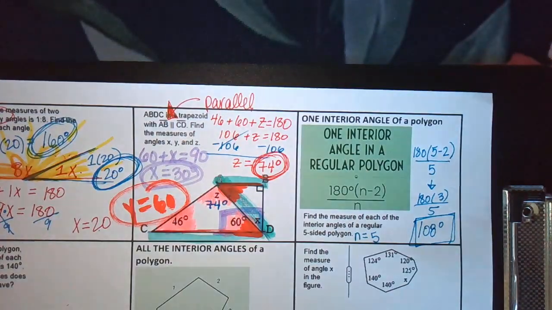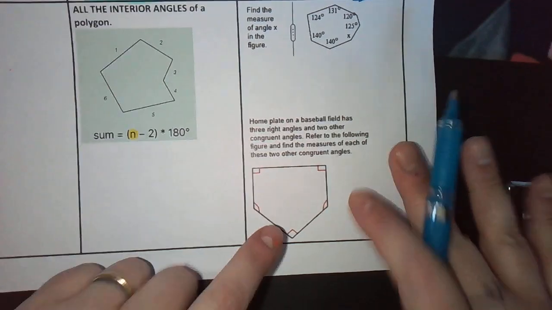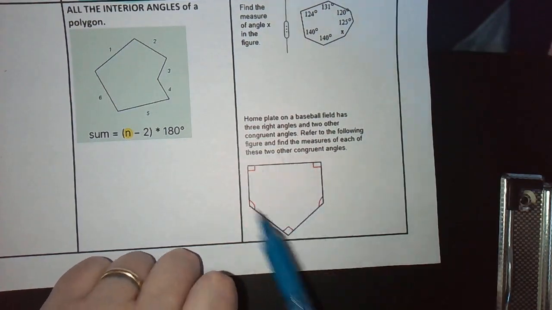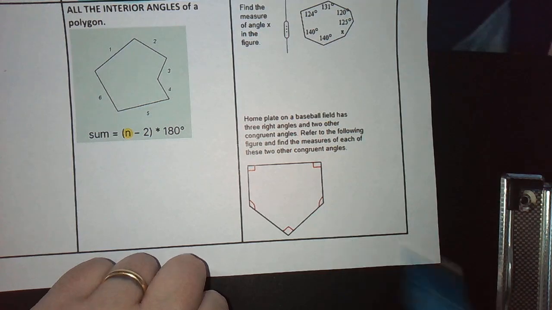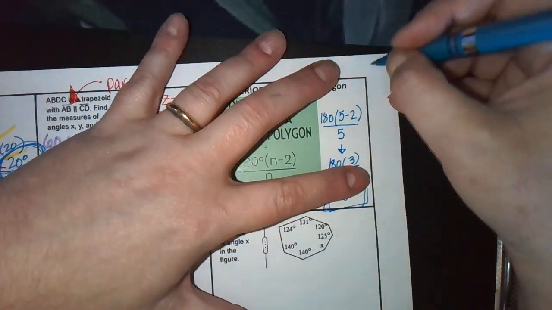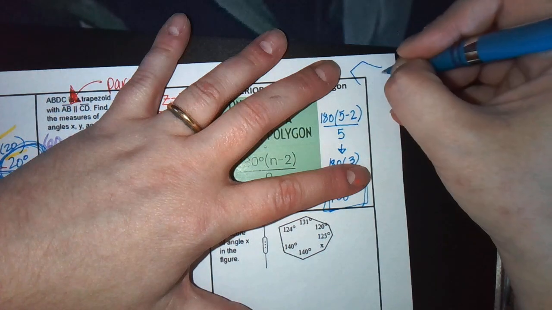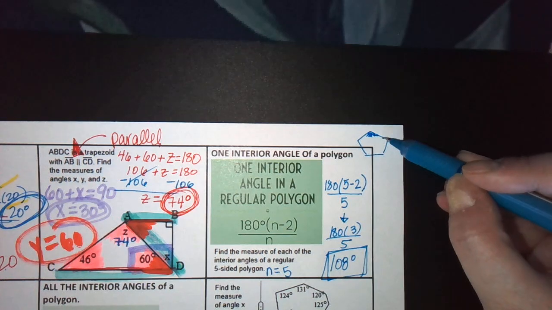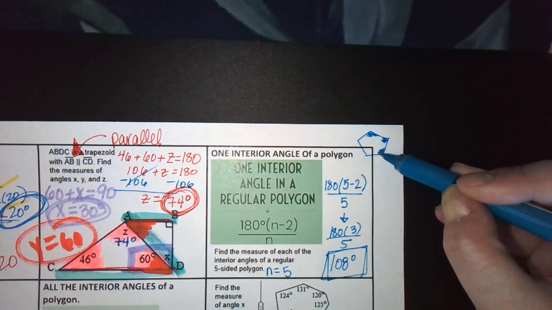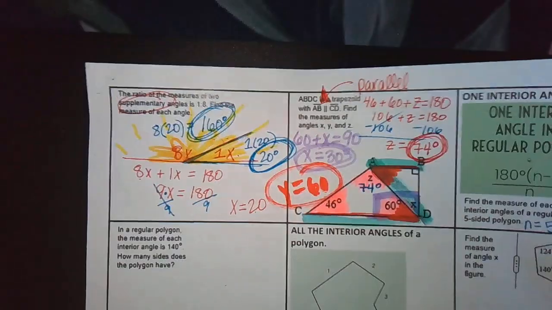So this is saying if I have a 5-sided polygon, not quite like this home base, because we need all the angles to be equal, then all the angles inside are going to be 108.